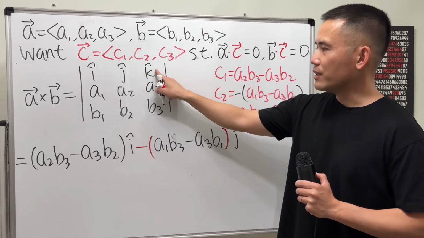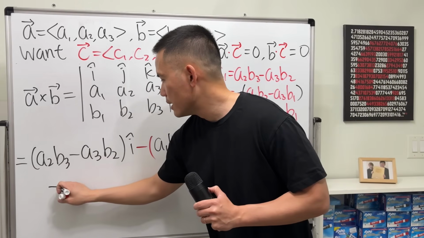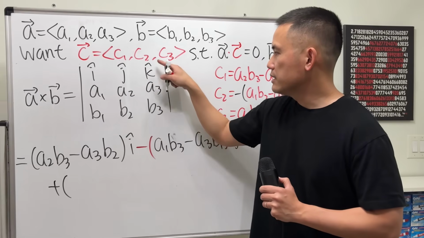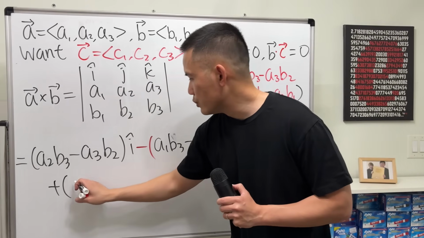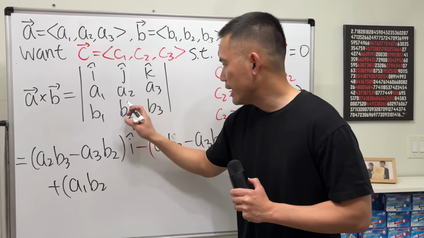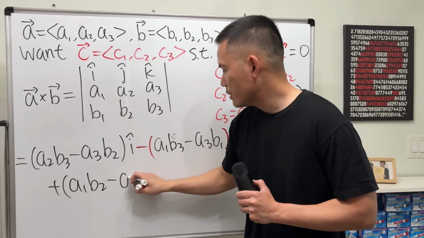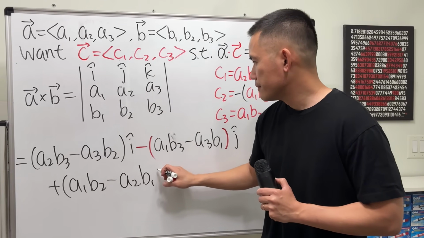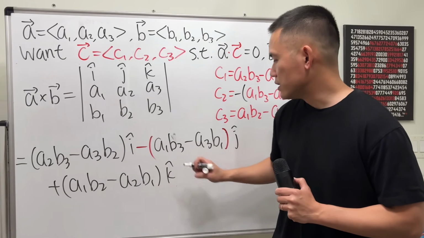And then lastly for this, it's plus. Get rid of this, get rid of that, so you do this times this, which is A1 B2, and then minus A2 B1, and that is with the k.